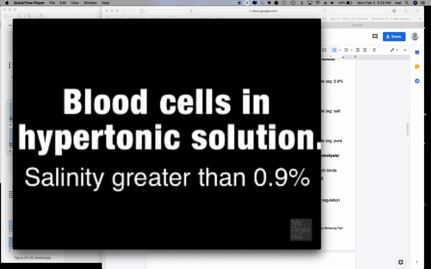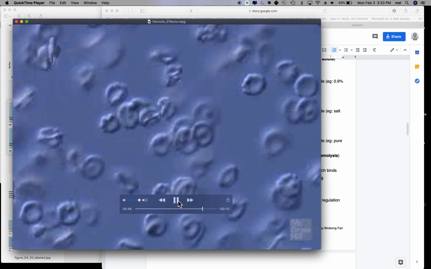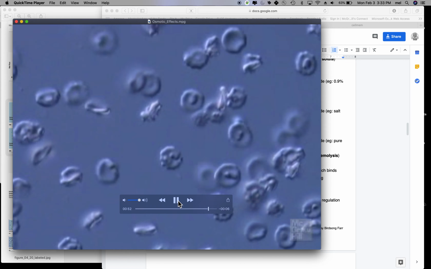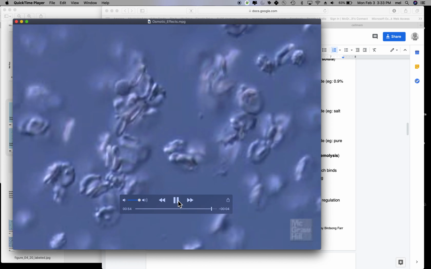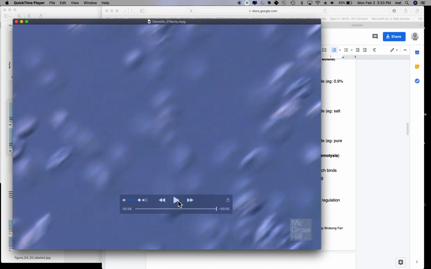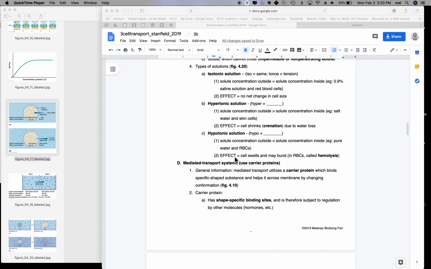Okay? And when that occurs, do you predict the cell will get larger or smaller? Let's see if you're right. When those cells are then exposed to a more saline solution, the cells lose water, becoming wrinkled and shriveled. And that is crenation. So when the cells become all wrinkled and shriveled. Hopefully this will help you understand.